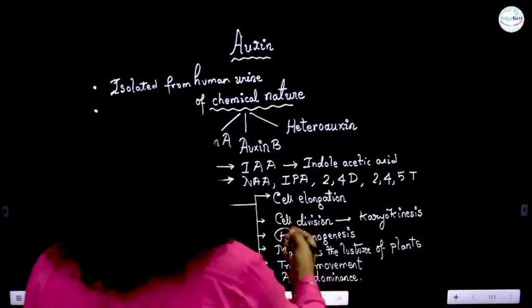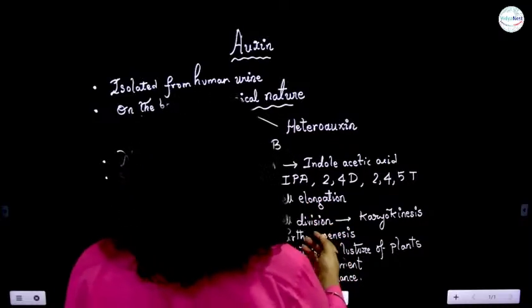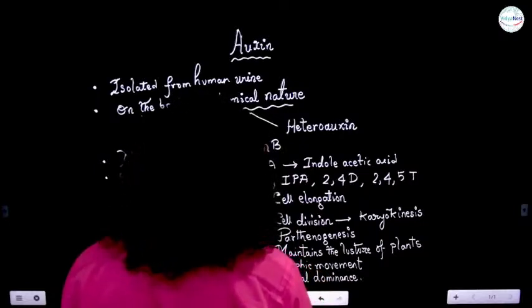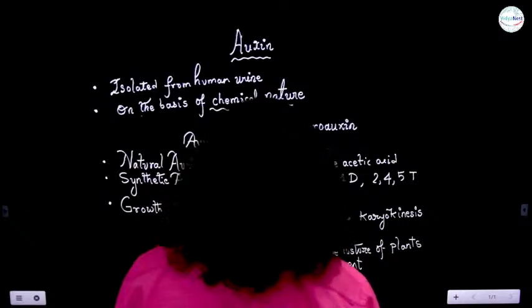So there are a number of factors like cell elongation, cell division, parthenogenesis. It maintains the luster of the plant. It helps in trophic movement. It also helps in apical dominance.